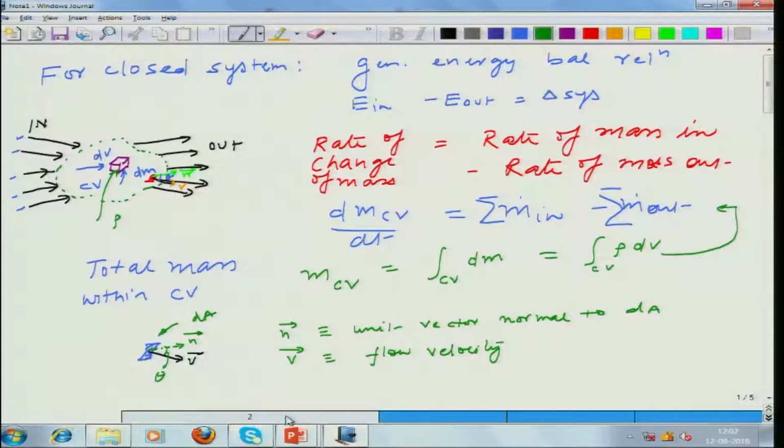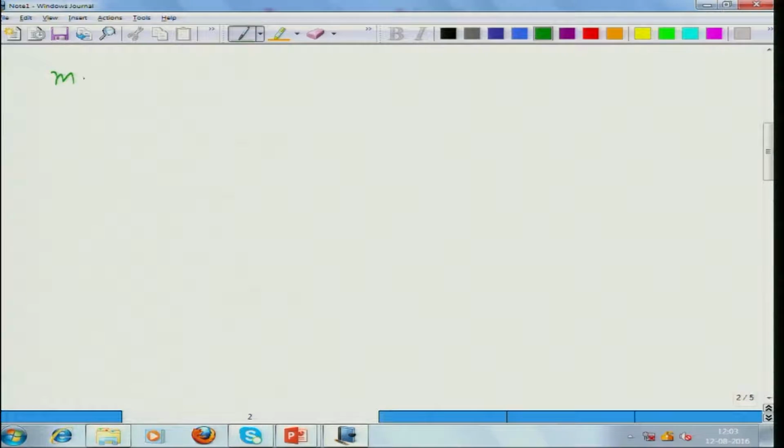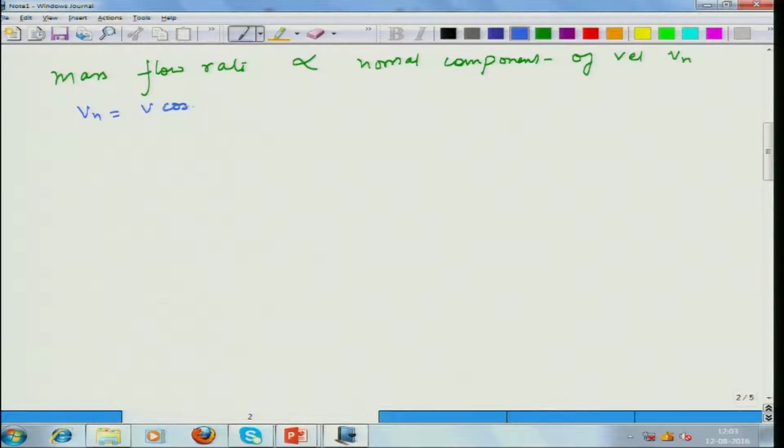The mass flow rate should be proportional to the normal component of velocity. Let's define this as Vn. So Vn would be V cos theta.